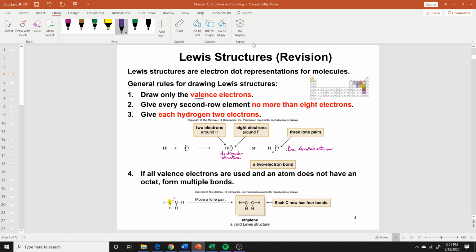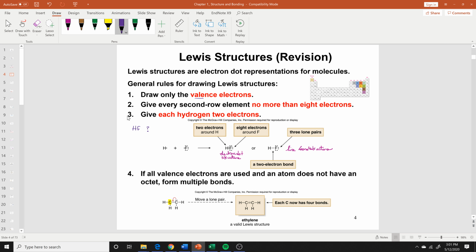In this chapter, we're going to review just the material that we need from Gen Chem 1. The first thing that we need is Lewis structures, how we draw a Lewis structure. For example, if I give you the inorganic compound hydrogen fluoride and I ask you to go ahead and draw its Lewis structure.